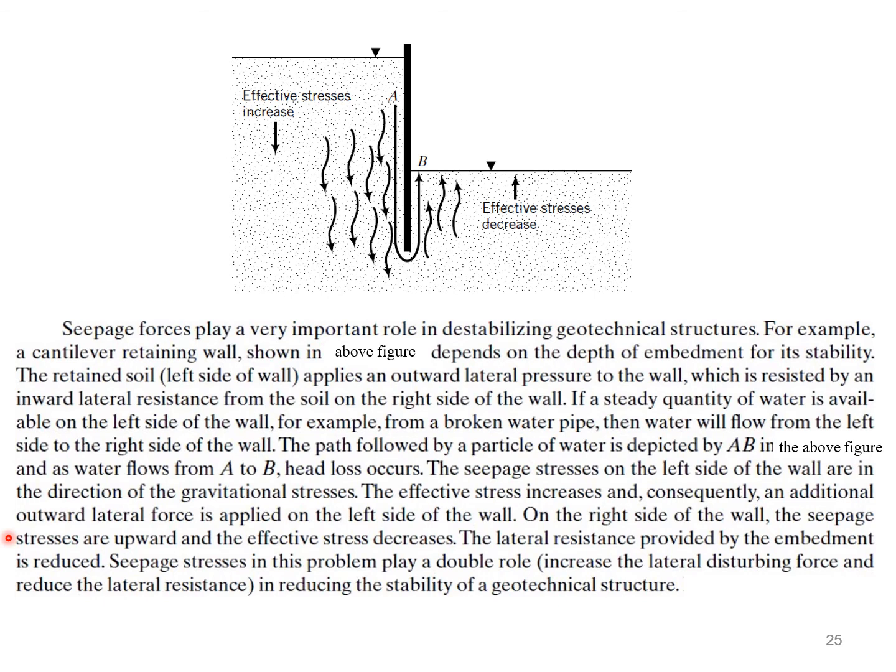The lateral resistance provided by the embankment is reduced. Seepage stresses in this problem play a double role: they increase the lateral disturbing force and reduce the lateral resistance. So you can say that seepage stresses in this problem play a double role in reducing the stability of a geotechnical structure.